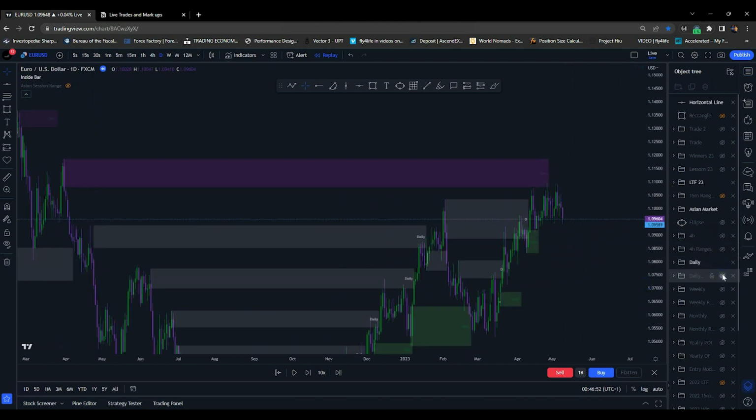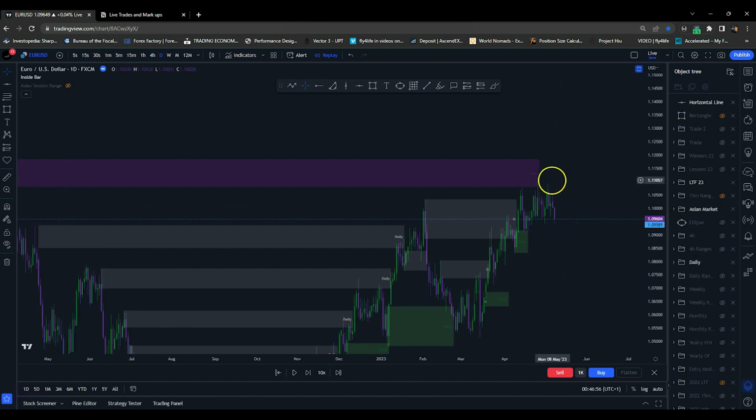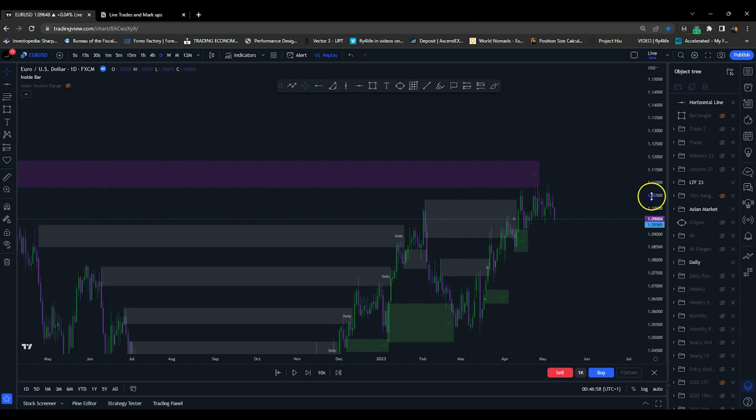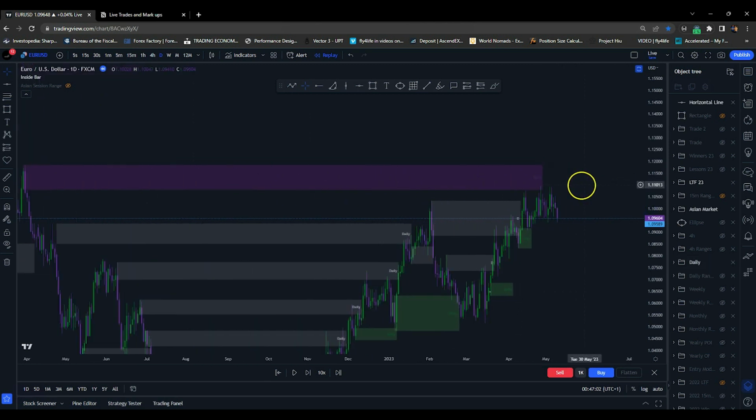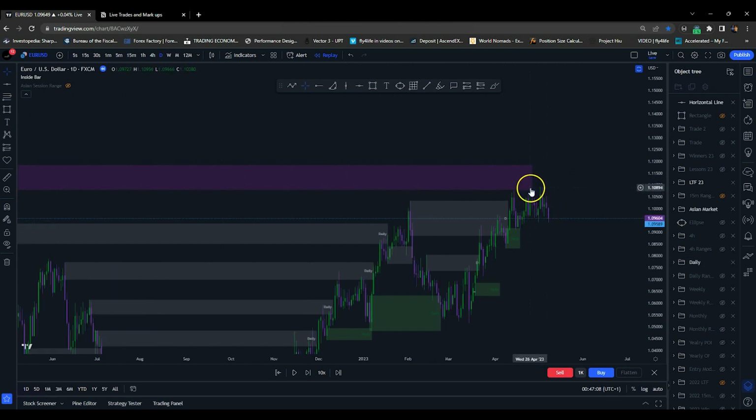So basically, on the daily, nothing really point of interest wise. Apart from that, we've tapped this strong level of supply, and we've still yet to break any levels of demand. We failed to create any lows.